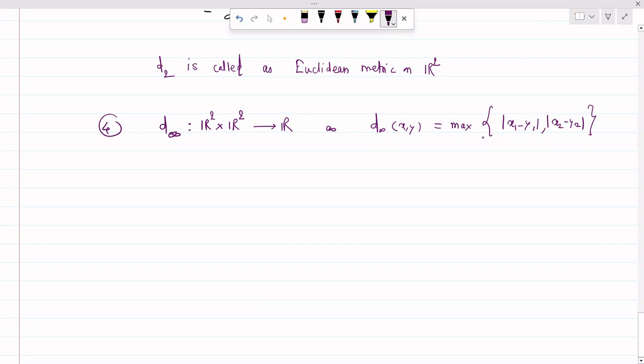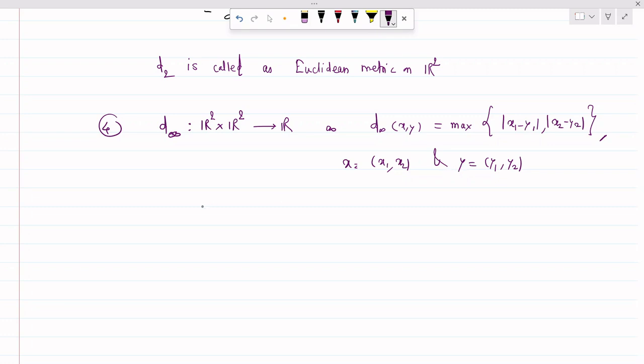So in short, we are finding the supremum of the two differences, where x is x1 x2 and y is y1 y2. This metric is called the supremum metric or sup metric on R2.